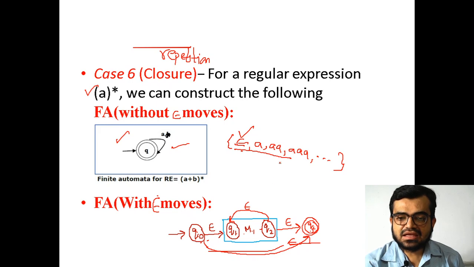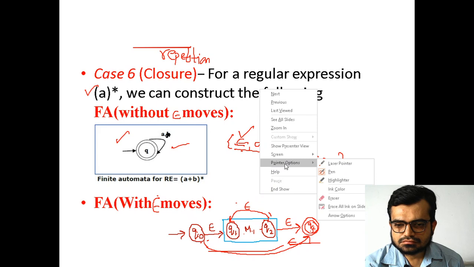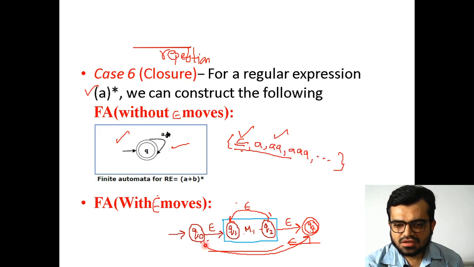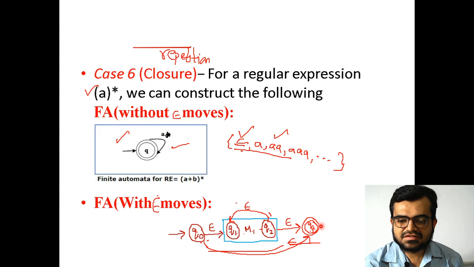If it is AA, how does it perform? First it goes towards A, then again it repeats here. So epsilon means it will take this way, that is the first one. The second one is this A. This A means directly Q0, Q1, and it is taken directly because it is not repeating.